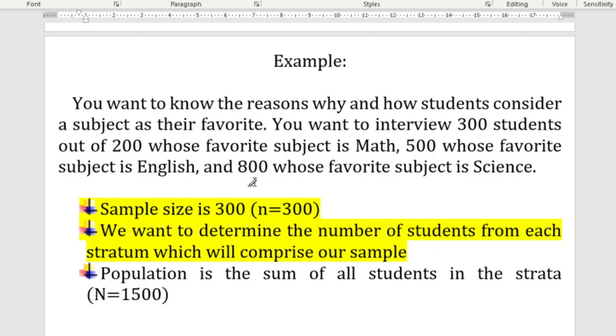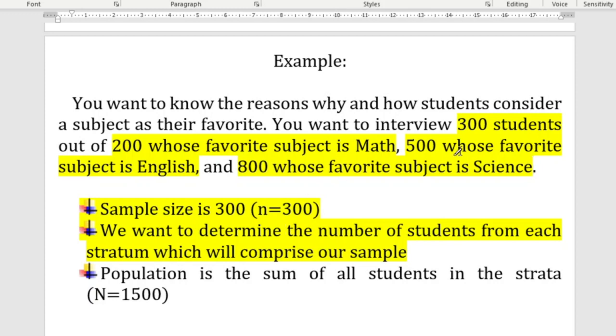The strata here are the favorite subjects: English, math, and science. We have 200 whose favorite subject is math, 500 whose favorite subject is English, and 800 whose favorite subject is science. Now we want to determine how many students in each group we will get as part of our sample.